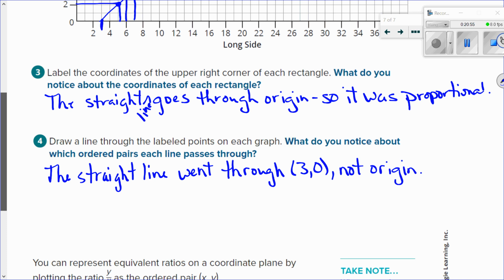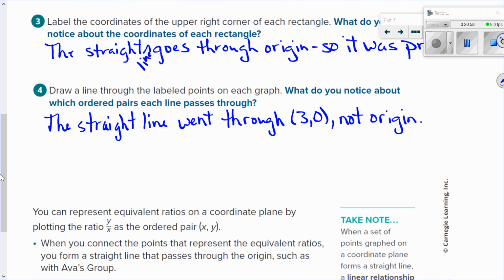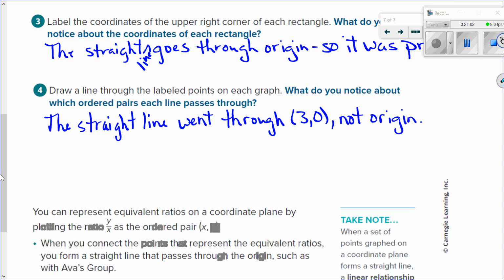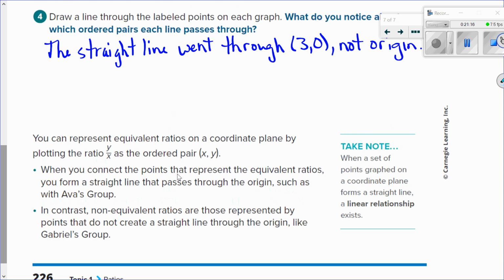So pull out your highlighters real quick or your marking pens. We have one definition to mark. When a set of points graphed on a coordinate plane forms a straight line, that is a linear relationship. Okay?